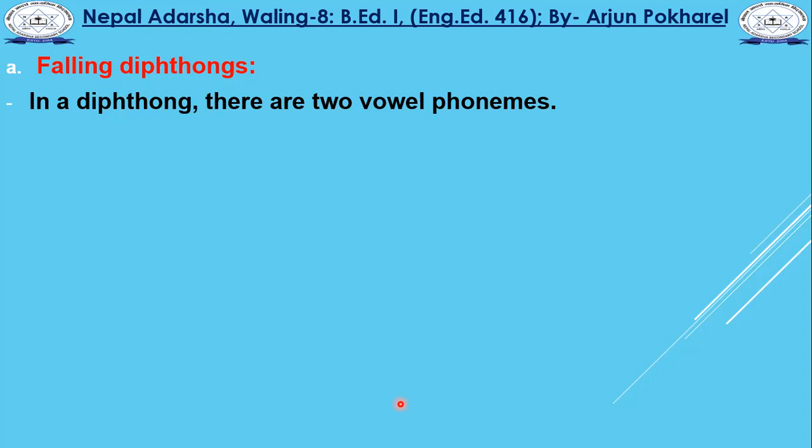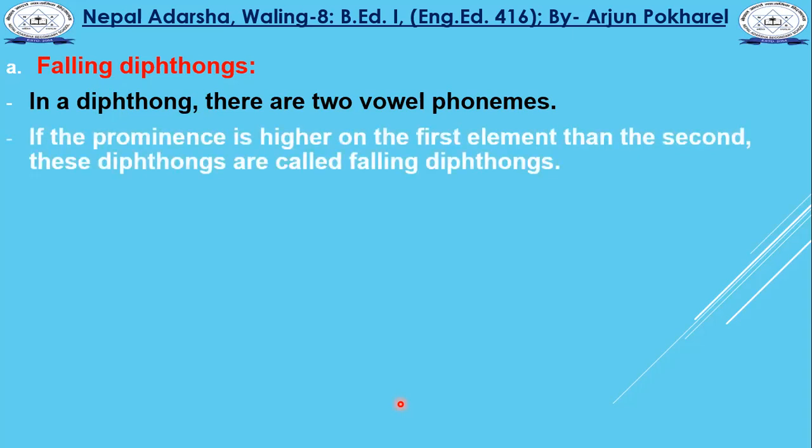And if the prominence is higher on the first element than the second, these diphthongs are called falling diphthongs. If the prominence is higher on the first element, automatically the prominence is lower on the second element. That is a falling diphthong.